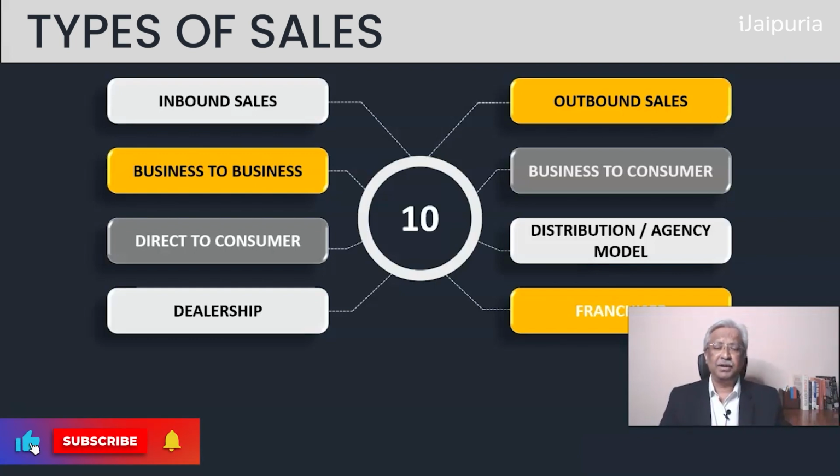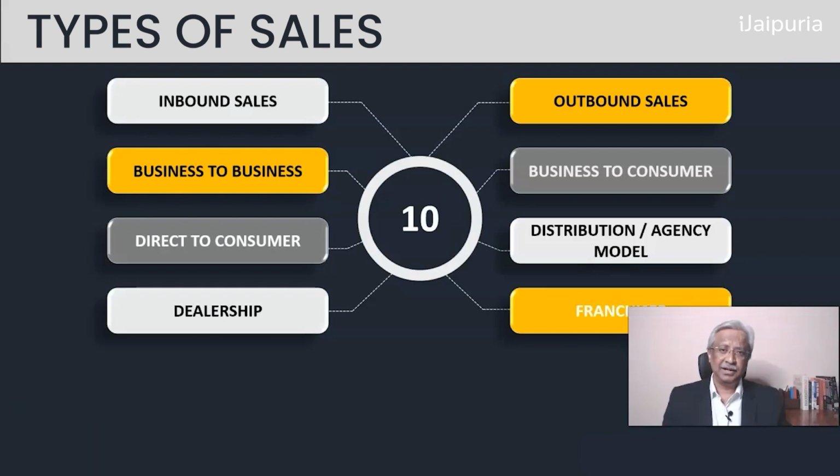But at the same time, they also go about encashing their brand name and brand value by giving franchises, franchisees who are primarily third parties representing that brand in that particular location or city. So this is also another method through which you could sell your product.